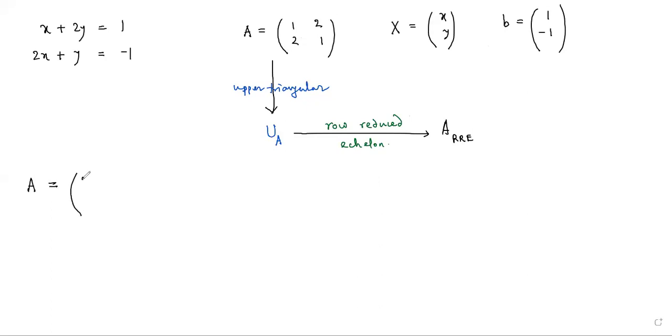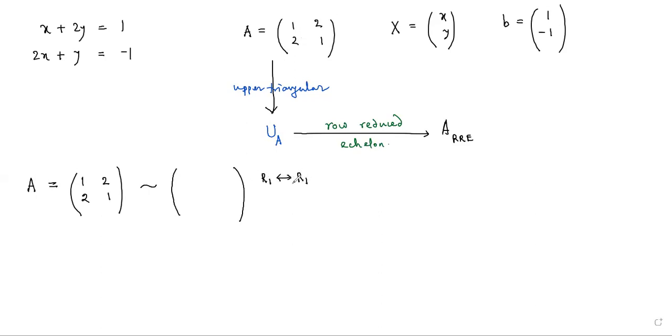So we have this matrix 1 2 and 2 1, and we are going to perform some row operations over here. First of all, what I am going to do is the following. I'm going to keep the first row as it is.